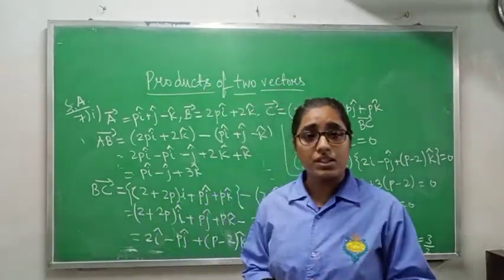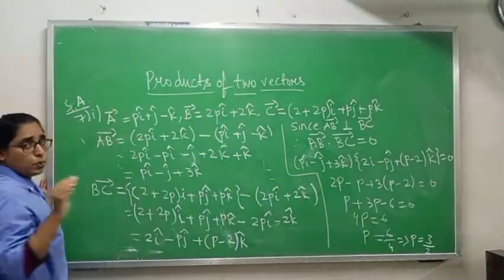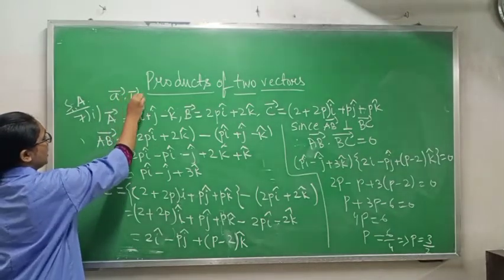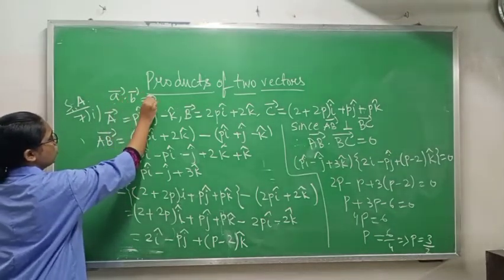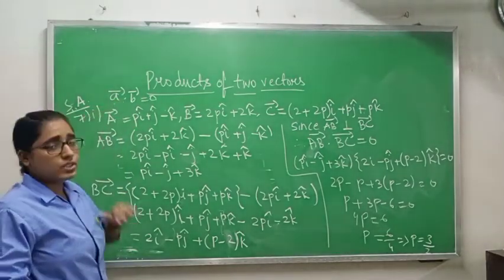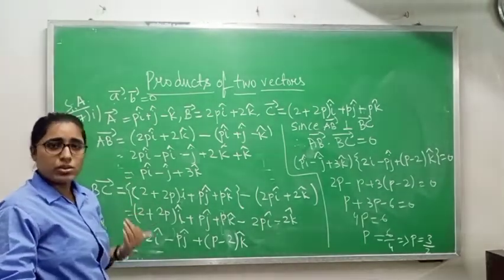When two vectors are perpendicular, the condition is A vector dot B vector equals 0. In the last class we have done already that when two vectors are perpendicular, A vector dot B vector equals 0.